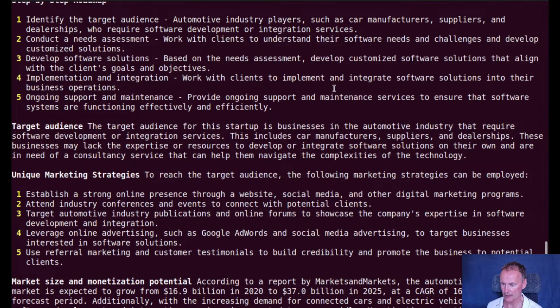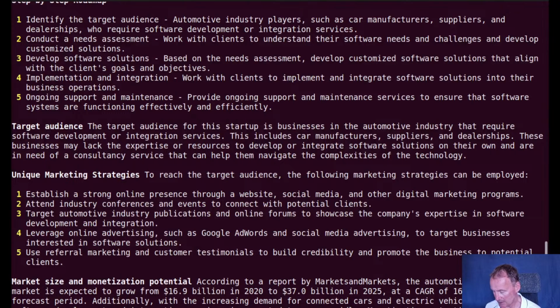Clients and integrate software solutions into their business operations. Maintenance, effectively and efficiently. Yeah, I think they are doing this.